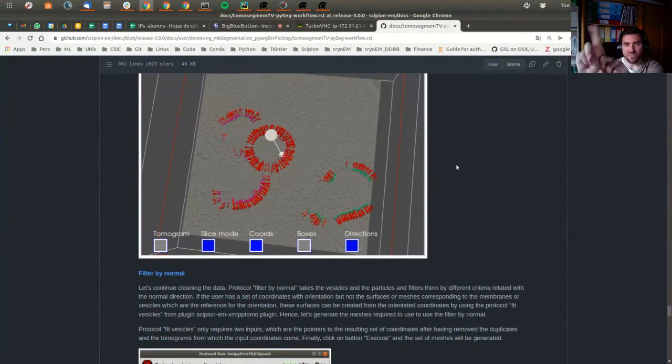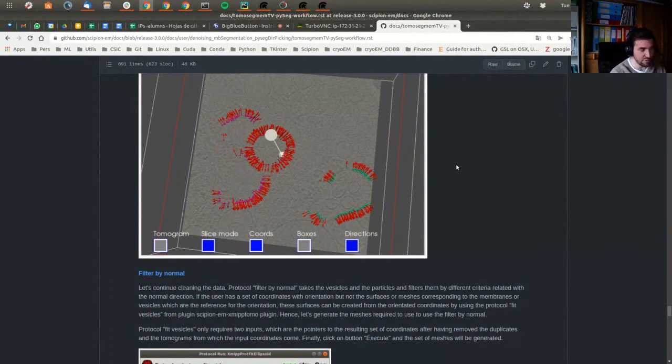So imagine you could determine a range of values of how different a particle can be from the normal direction and still be correctly oriented.